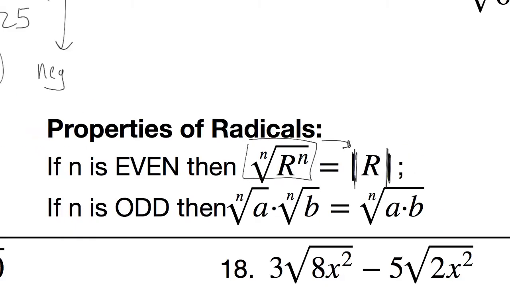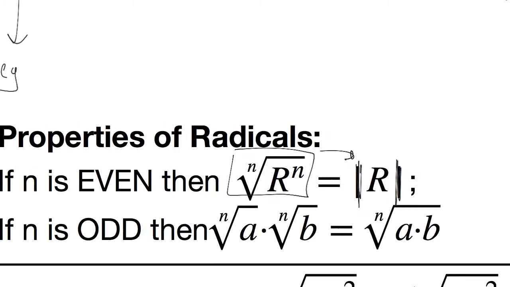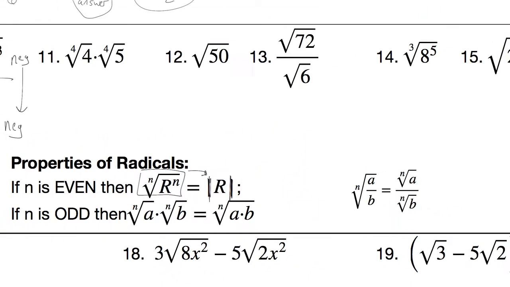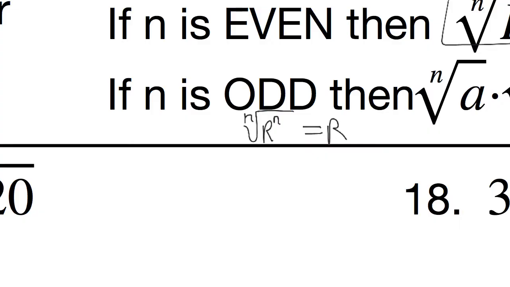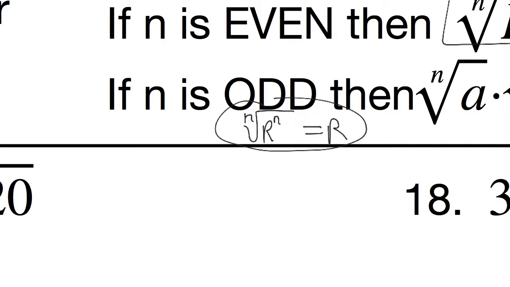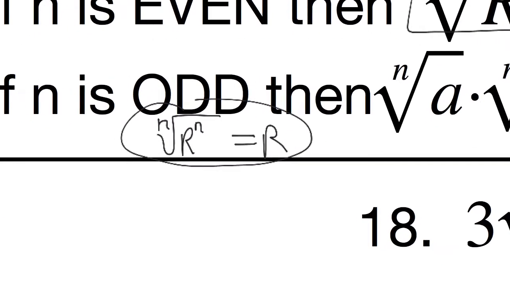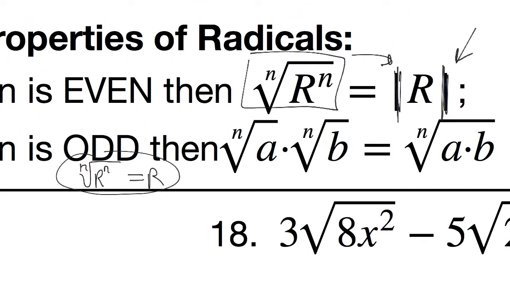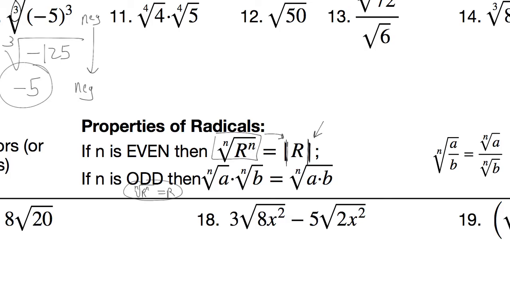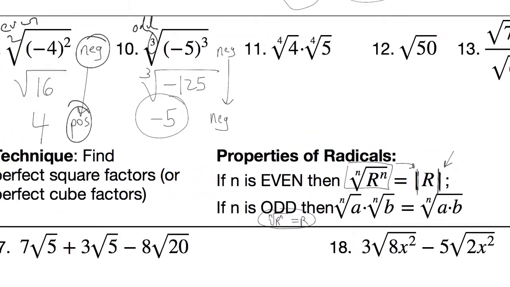And if it's odd, then you get what you see right here and in your notes, which is r to the n. The nth root of r to the n is just r. It's the same thing as right here, just without the absolute values. So when it's odd, no absolute values are necessary.